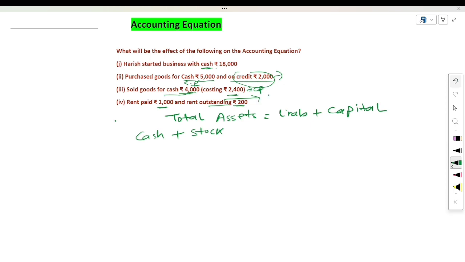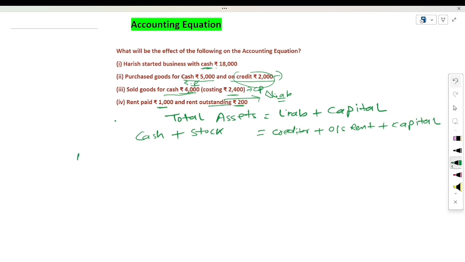Outstanding means this is also a liability for the business. Okay, so the assets here are two assets, cash plus stock, and here liabilities. First liability is creditors, plus second liability is created here, outstanding rent. Now the capital will be as it is.